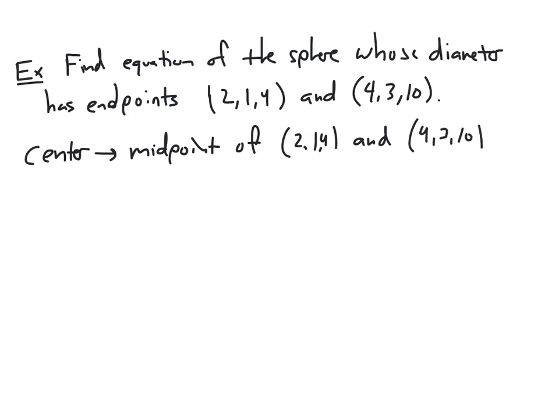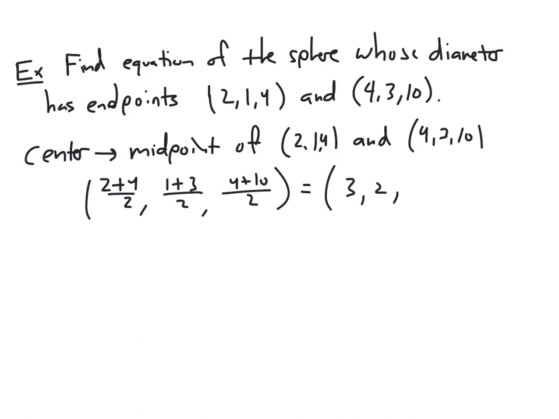The center will always be the midpoint of two ends of a diameter. We can compute this using the midpoint formula: (2 + 4)/2, (1 + 3)/2, and (4 + 10)/2. And so we get 3, 2, and 7. So the center of our sphere will be the point (3, 2, 7).